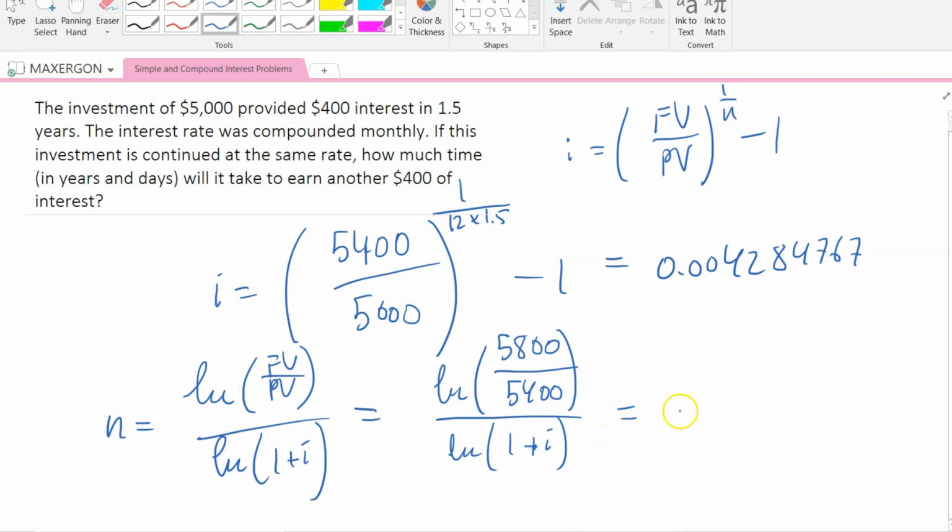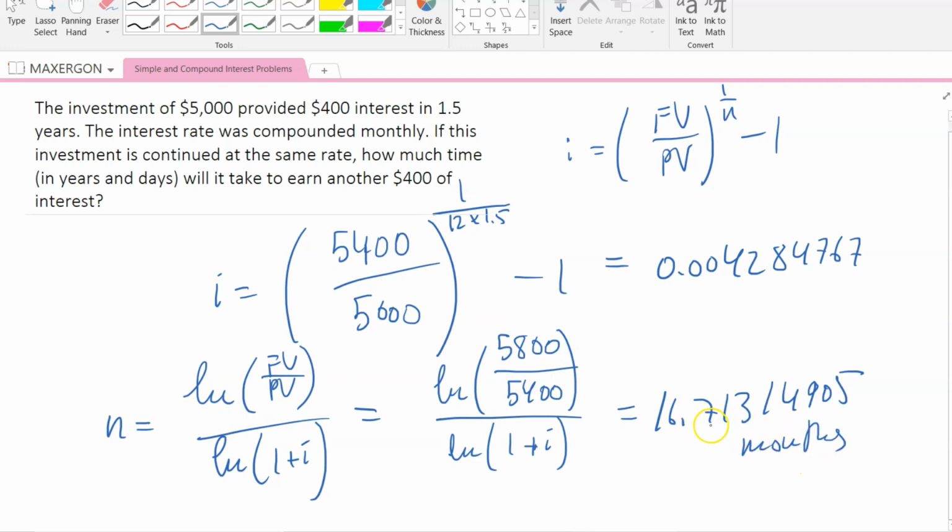So let's now see what the answer is. 16.71314905. And what is this? We found that it's 16.71 months.